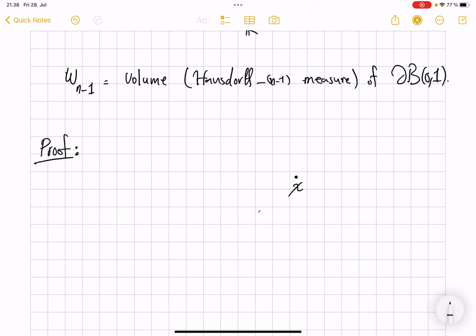So this is x sitting in R^n, and then we can take some direction e, and the length of e is equal to 1. So some unit vector. In other words, this belongs to the boundary of the unit ball. Okay, so fix some unit vector.